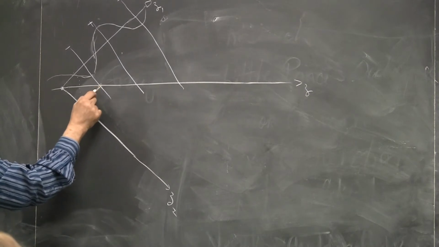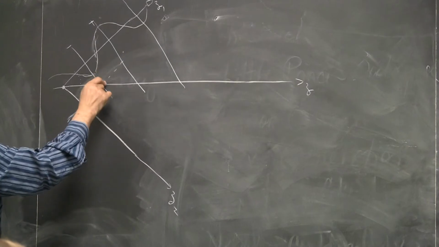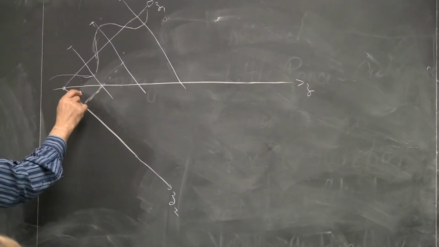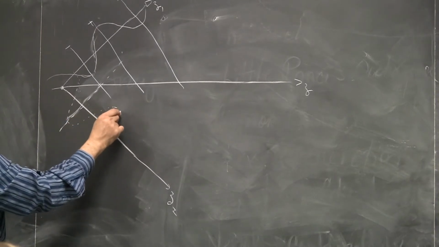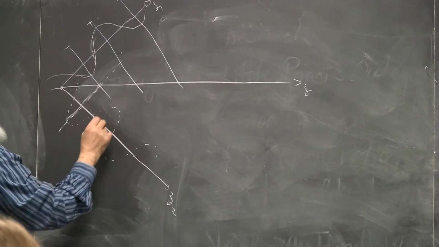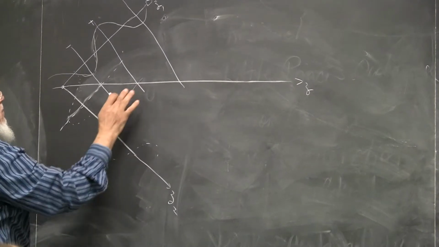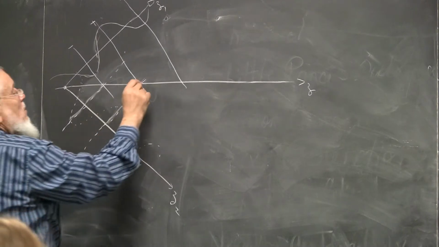So let's see here. I'm going to do that dotted. It's going to be negative here, positive, negative, etc. So it's going to be positive here, again dotted, because I don't have any colored chalk.